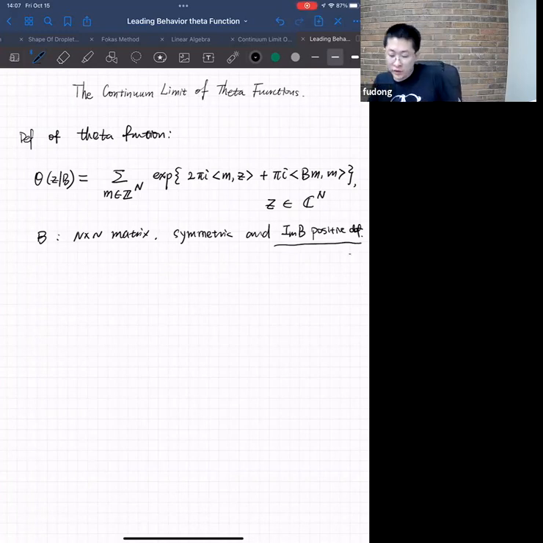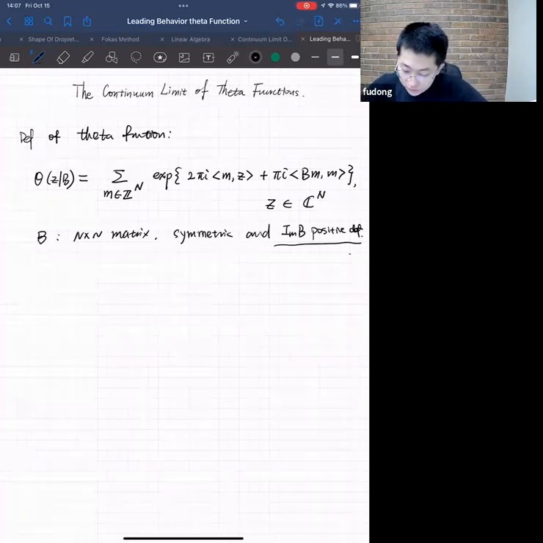Then all those things will guarantee this series will converge absolutely. Okay, now that's the theta function.